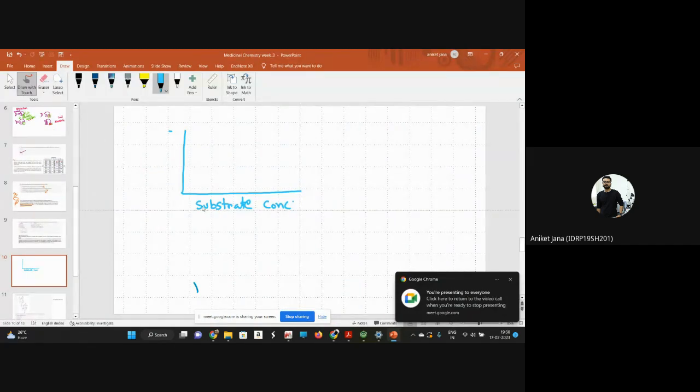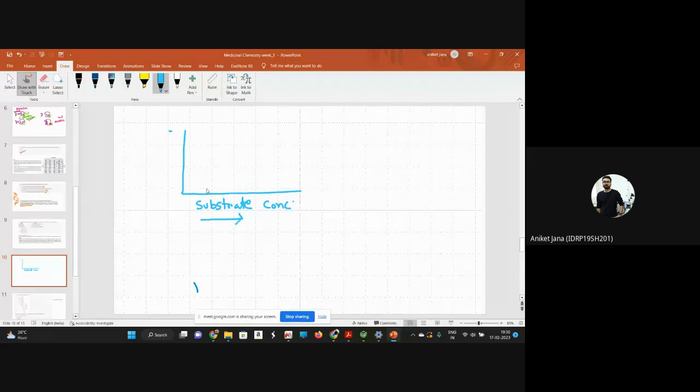And in the y direction, velocity, the rate of reaction, right?